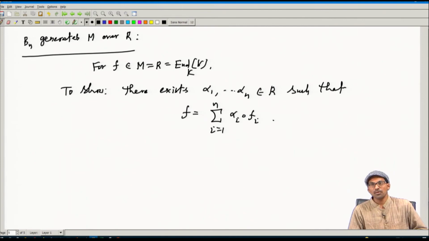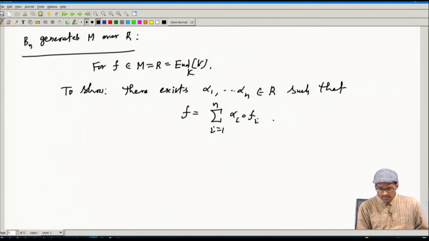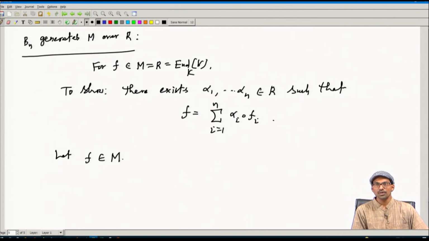That is the meaning of F1, F2, Fn generating M over R. Now, let us start with one arbitrary f belonging to M.